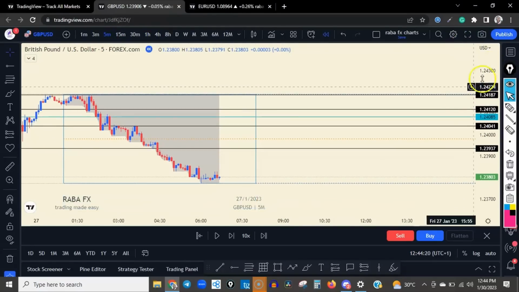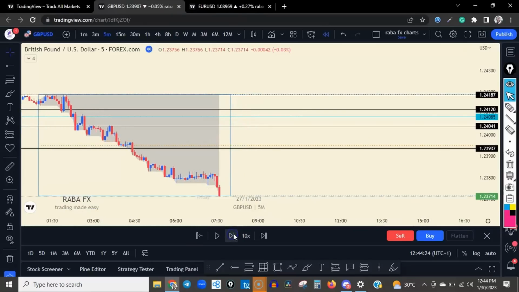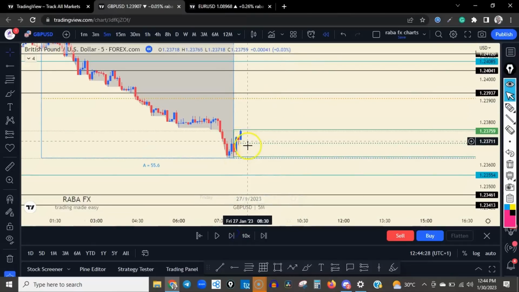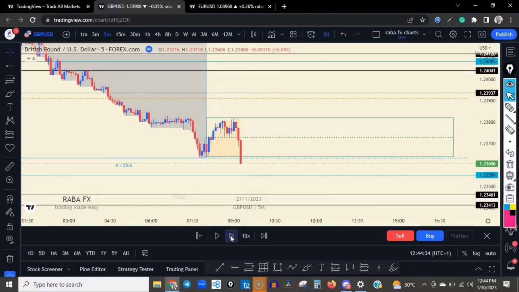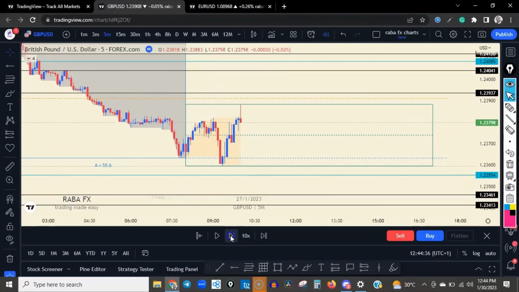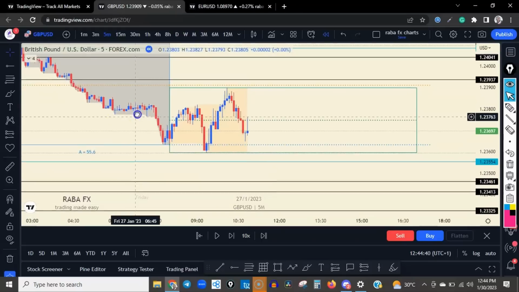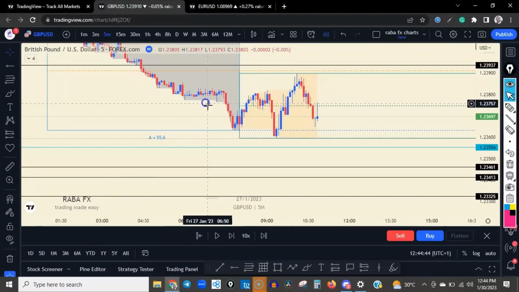So in this case here, now London session opens. Okay, we wait for price to get to any of these lines. This is the line, we didn't get close to it.